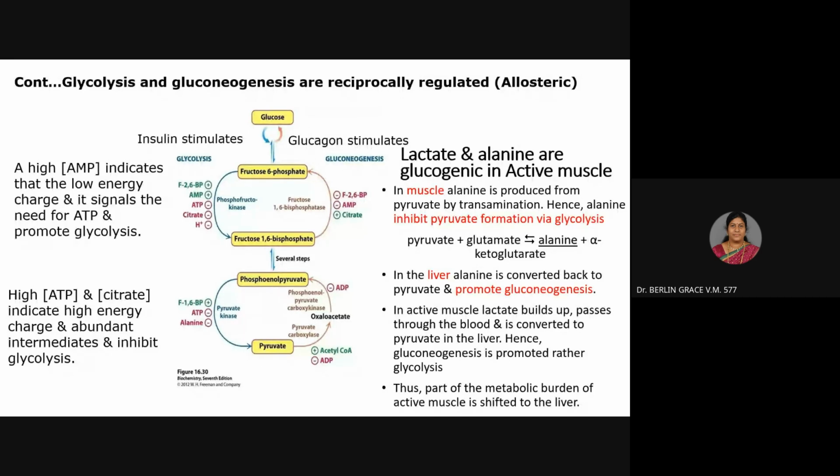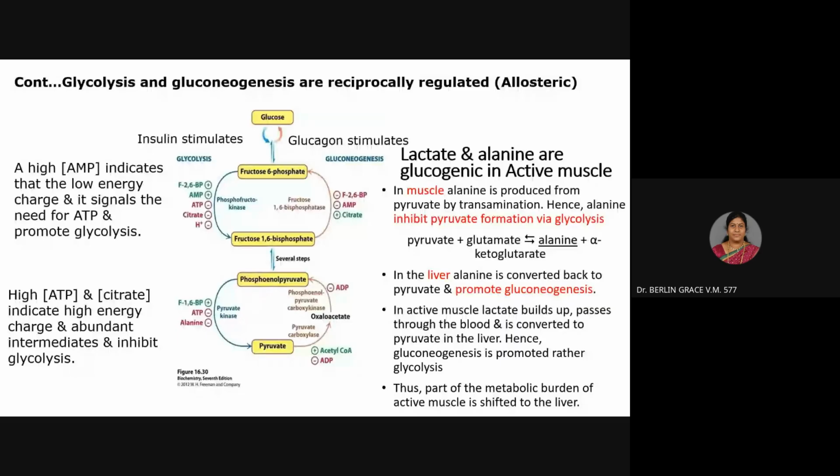Lactate and alanine also influence this metabolic flux. If you look at muscle, alanine is produced from pyruvate by transamination, and then alanine inhibits pyruvate formation via glycolysis. In the liver, alanine is converted back to pyruvate, which promotes gluconeogenesis. In active muscle, lactate builds up.